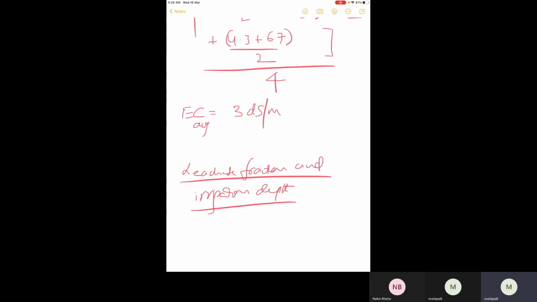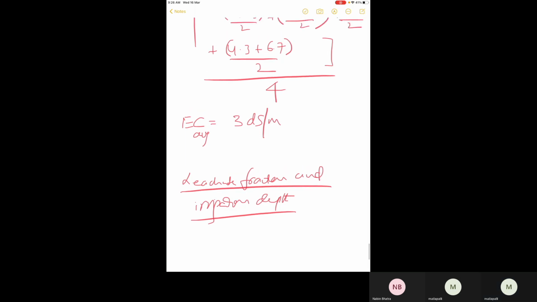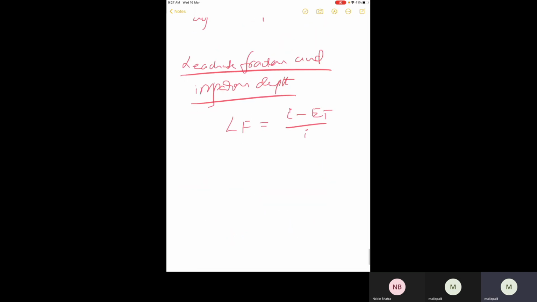So I'm going to bring the same equation back here. That is the ET equation, LF, which is equal to I minus ET divided by I. So this is the leachate fraction. We already know this equation. So we're going to modify the same equation and bring the soil moisture terms into the picture.